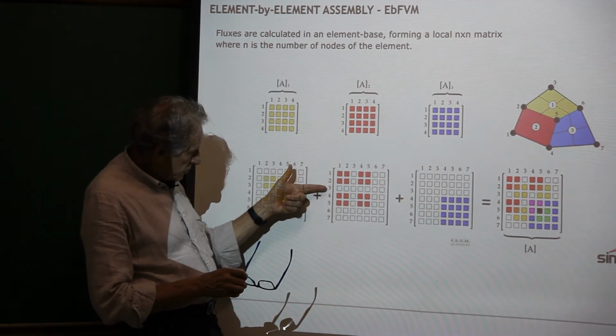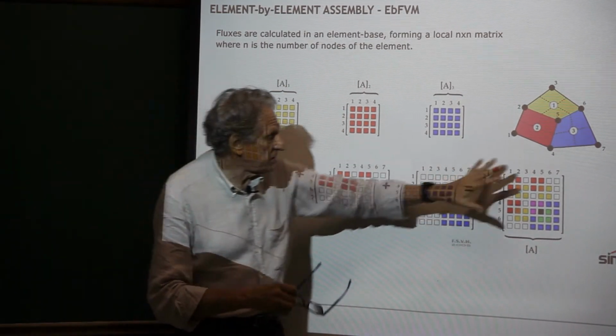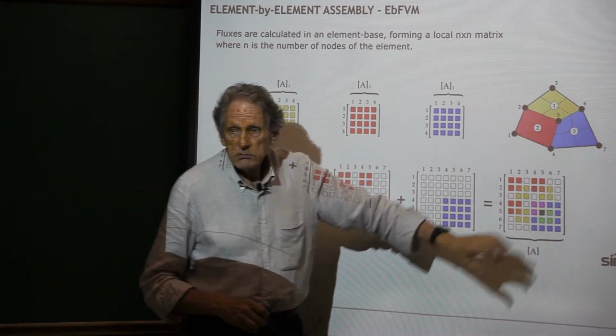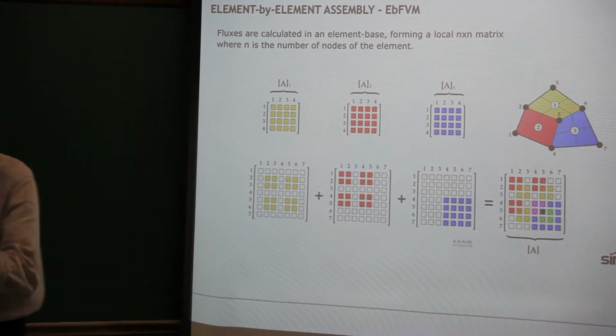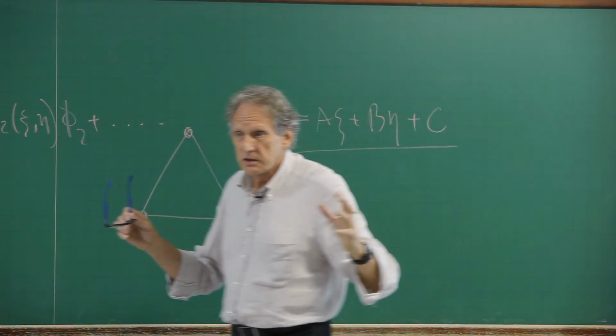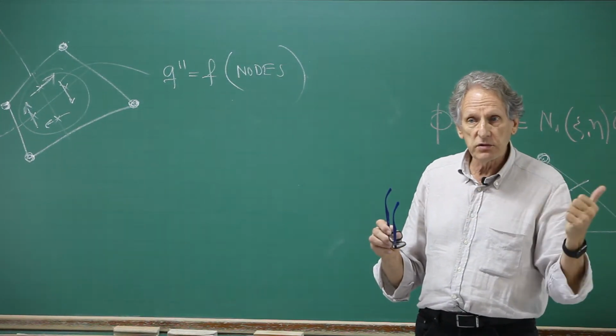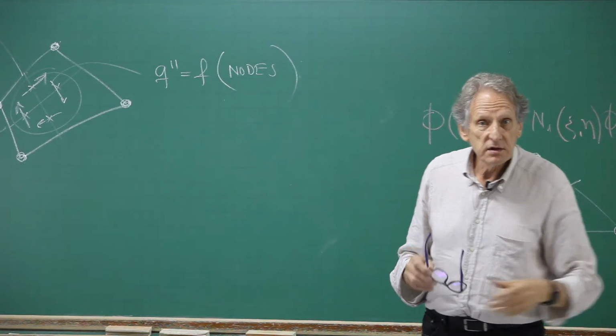Here, 1, 2, 4, and the 0.5. Then I'm adding, and this is the final matrix. You just add in the entries to obtain your final matrix. And this part of the entries comes from the local matrix that you have.